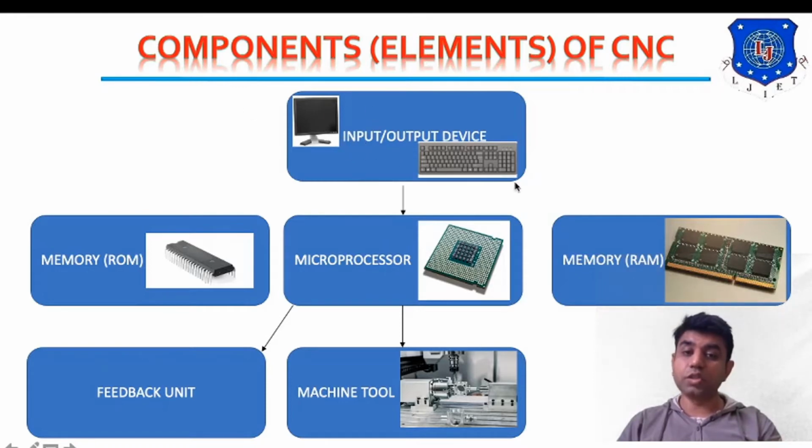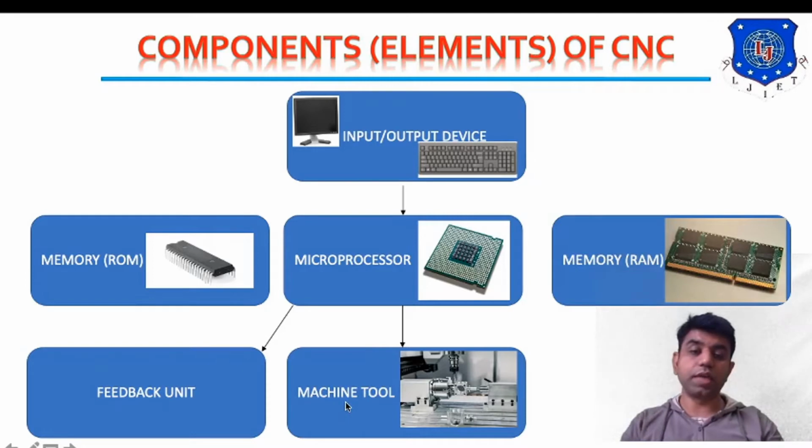So we have this two-way interface. You are giving input to the machine tool, that data will be visible, as well as how the machine tool is actually performing, that feedback you are getting, and that is also visible on the computer screen. And if there is some mismatch in between, we can easily modify the program with the help of the keyboard, right? So we have a machine tool.